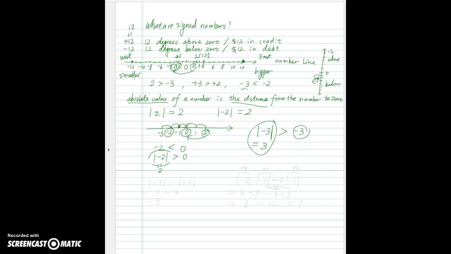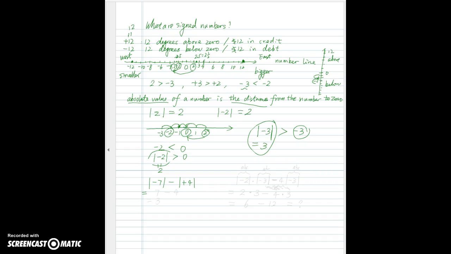And the next type of question is we may do calculation, say absolute value of negative 7 minus absolute value of positive 4. So we will need to do absolute value first before we do anything else. You can think of absolute value as parentheses.